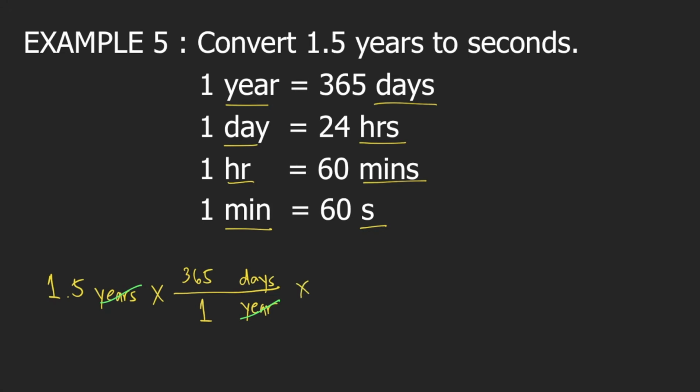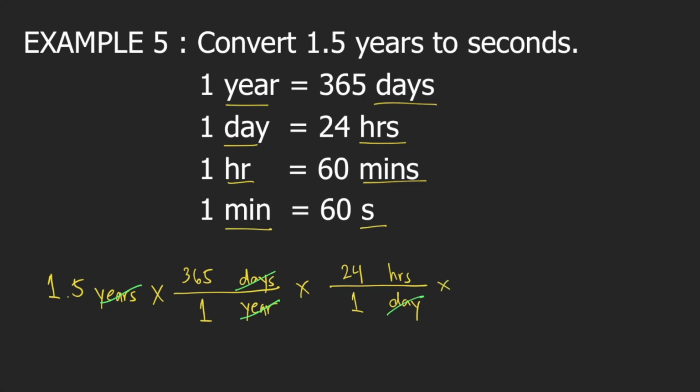Then you convert days to hours. You put day on the bottom and on top you put hours. And 1 day is equivalent to 24 hours. So days will cancel and now you are left with hours.